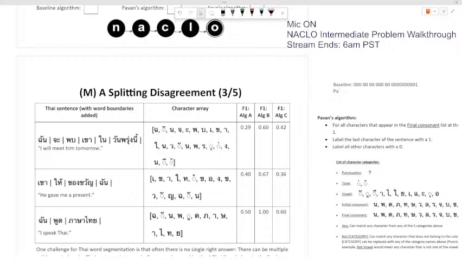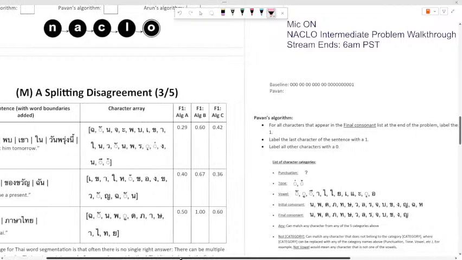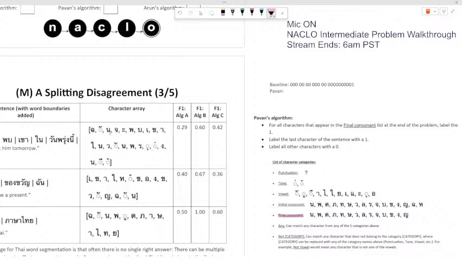Okay. So Pavan. Oh, we have to highlight consonants. I got distracted. Okay. Only the final consonant list. Final consonant. That's one.